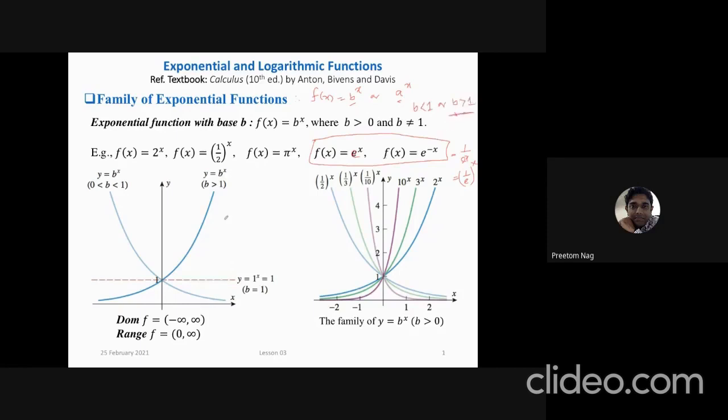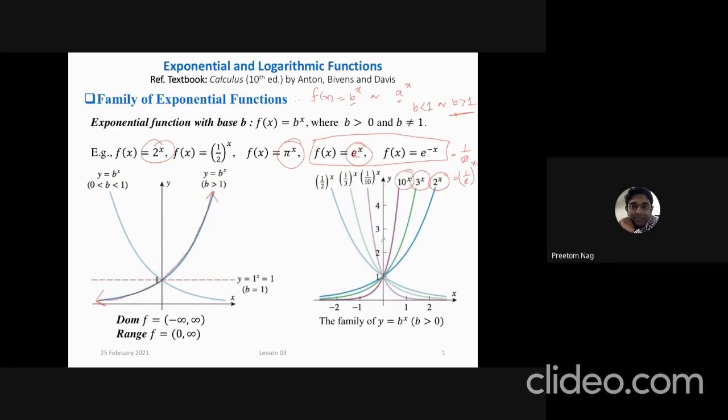If b, the base, is greater than 1, then the graph of the exponential function will be of this form, always this type. That means 2 to the power x, pi to the power x, e to the power x. This graph will have this type of shape, which you can also see in the right figure: 2 to the power x, 3 to the power x, 10 to the power x.